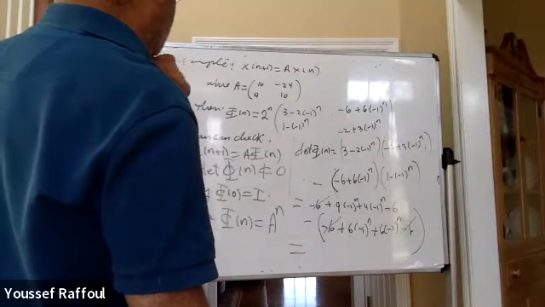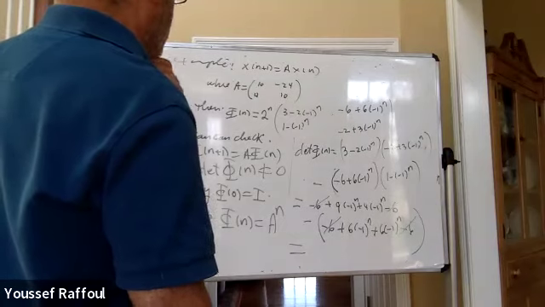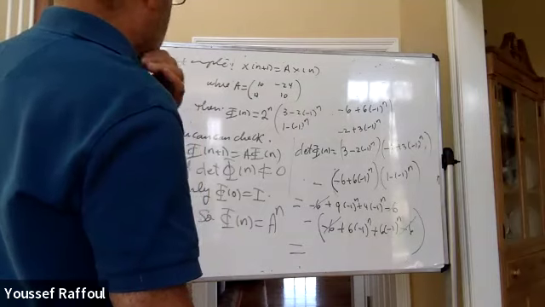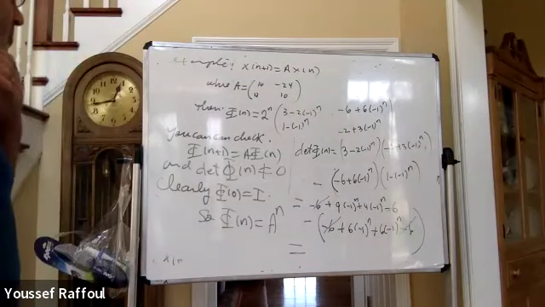And then we have, what the hell? Oh, we have 2 to the n times 2 to the n. Why am I getting 0 here? I should not, should I?